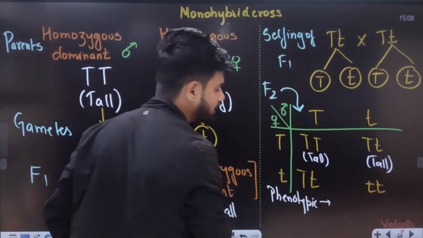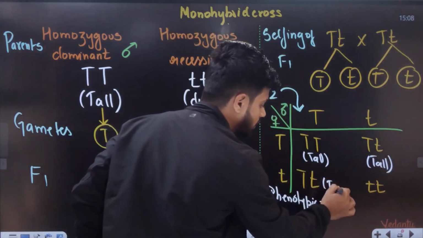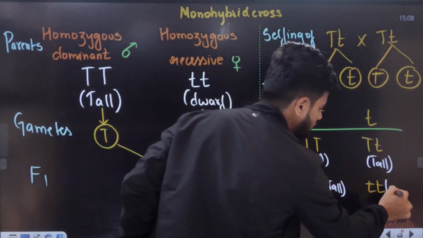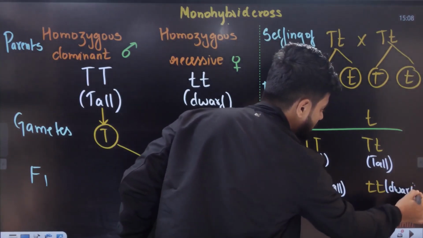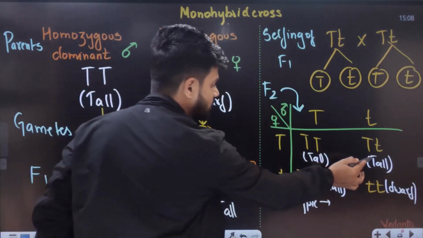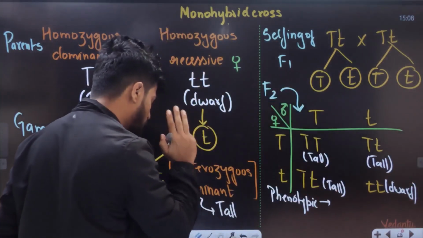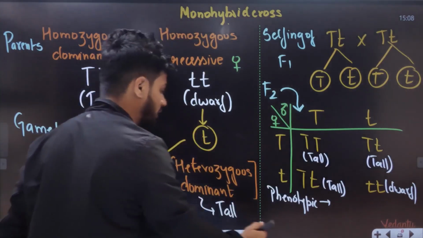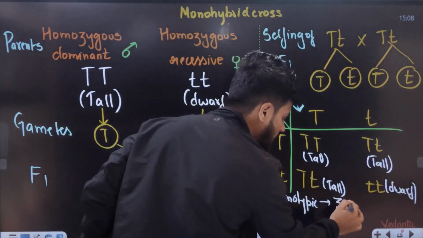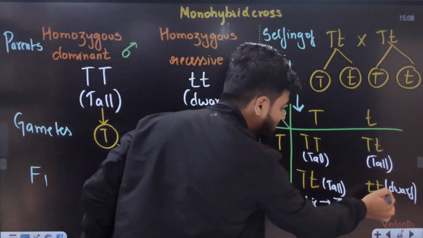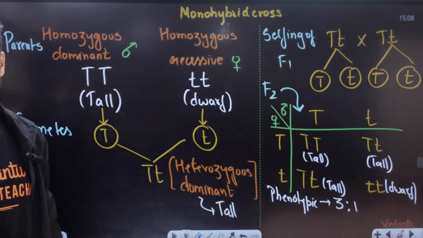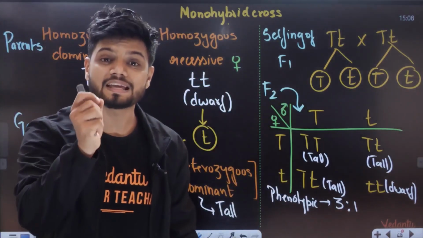Because capital T is dominant. This also is going to be tall, but this is going to be dwarf. So how many are tall, students? Tell me here. 1, 2, 3. 3 are going to be completely tall here. 3 is to 1. 1 is going to be dwarf. That is called your phenotypic ratio.